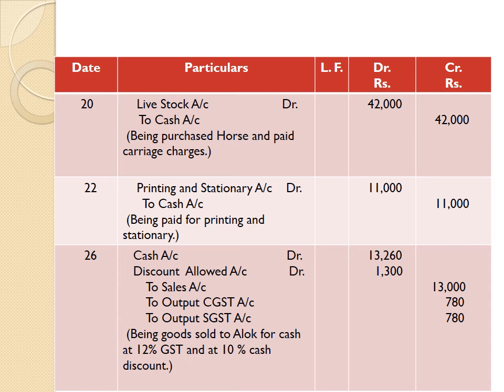Before GST we are putting here output. To output, or we are prefixing here to output CGST account 780, to output SGST account 780, being goods sold to Alok for cash at 12% GST and at 10% cash discount.